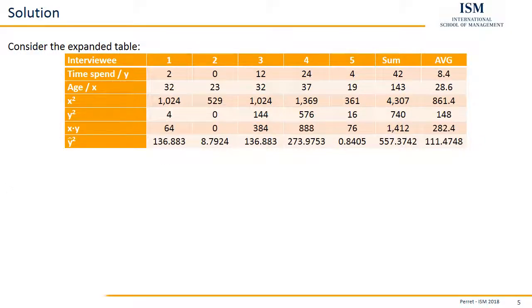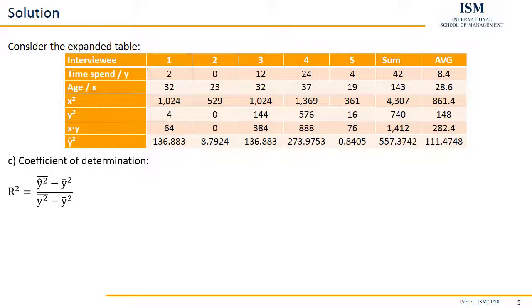And we see this if we take a look at the formula for the R squared, which is given as follows. On the upper part we have what we just calculated, the average of y hat squared, so 111.4748, minus the squared average of y, so 8.4 to the power of 2.